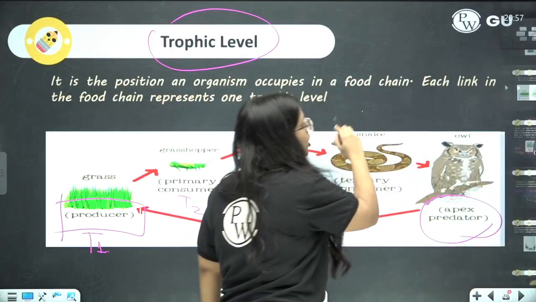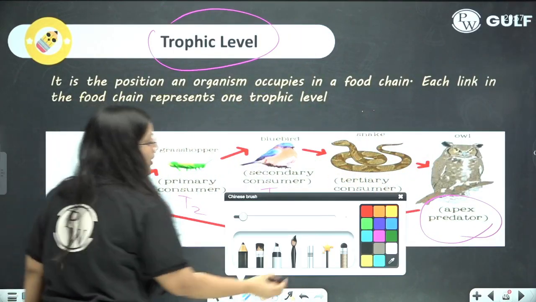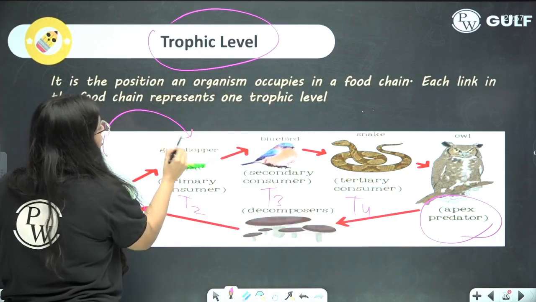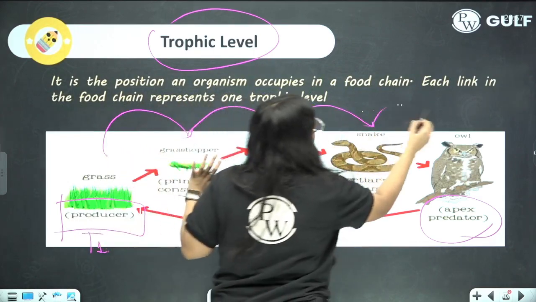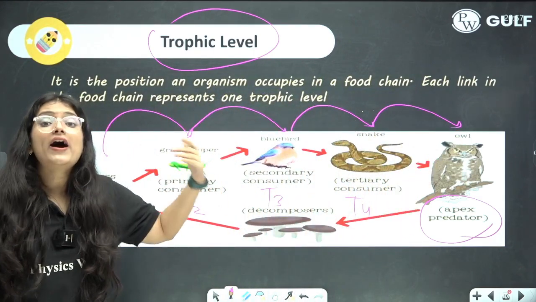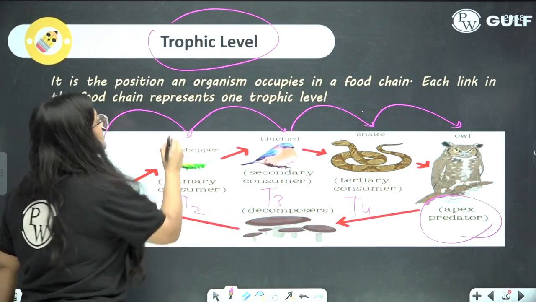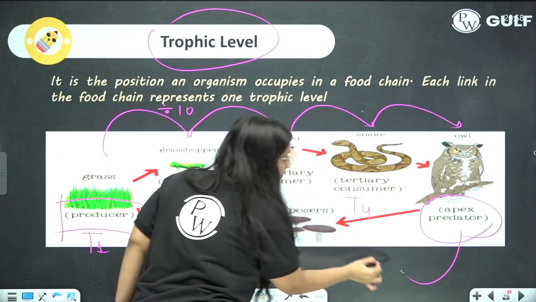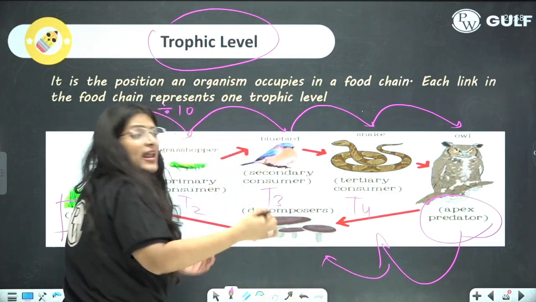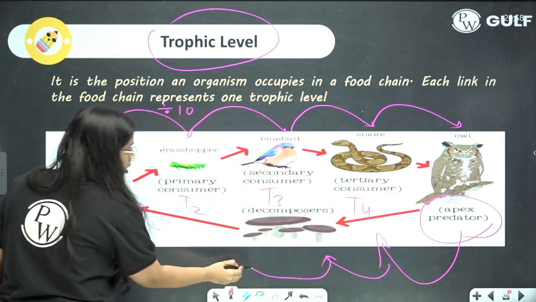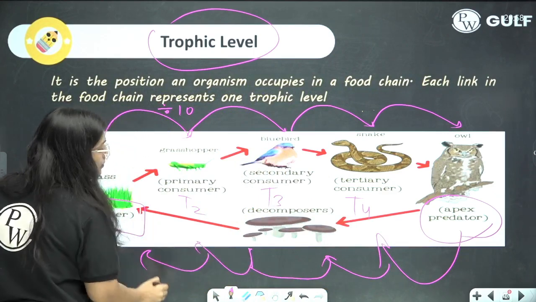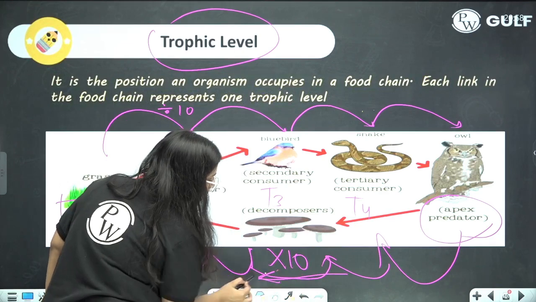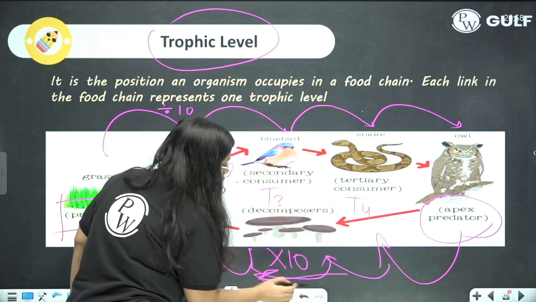Let me make it very clear how you will solve this. Let's talk about the 10% law of energy transfer one more time. When you go from producer to consumer and you have to find the energy, you just divide by 10. But when you are moving from the apex predator to the trophic level before, you multiply by 10.